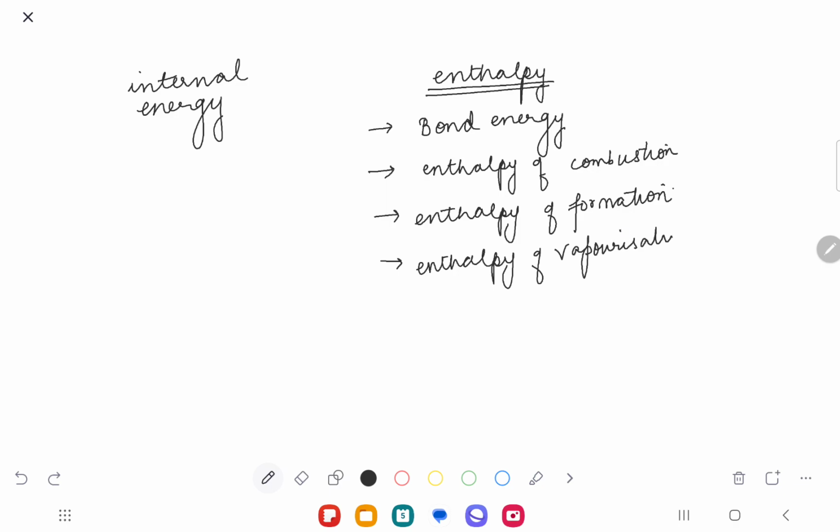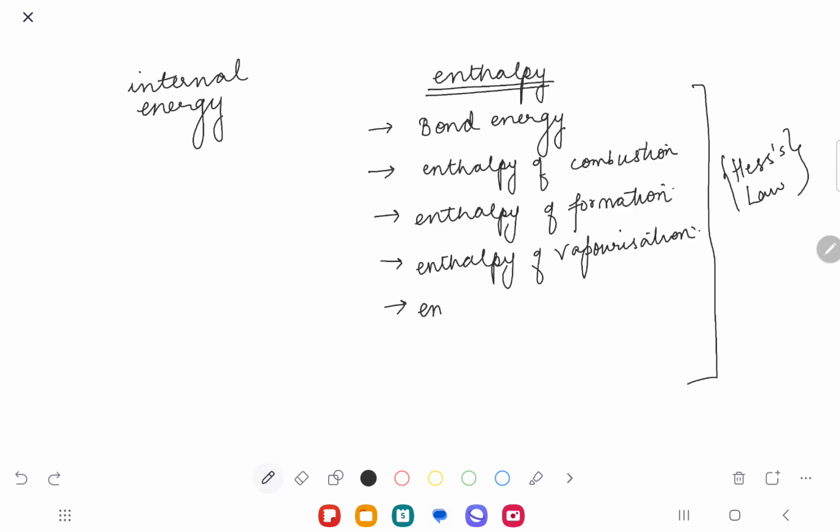And all of these enthalpies, once you understand, there will be a constant concept of Hess's law. So Hess's law would be utilizing all the enthalpies in one.